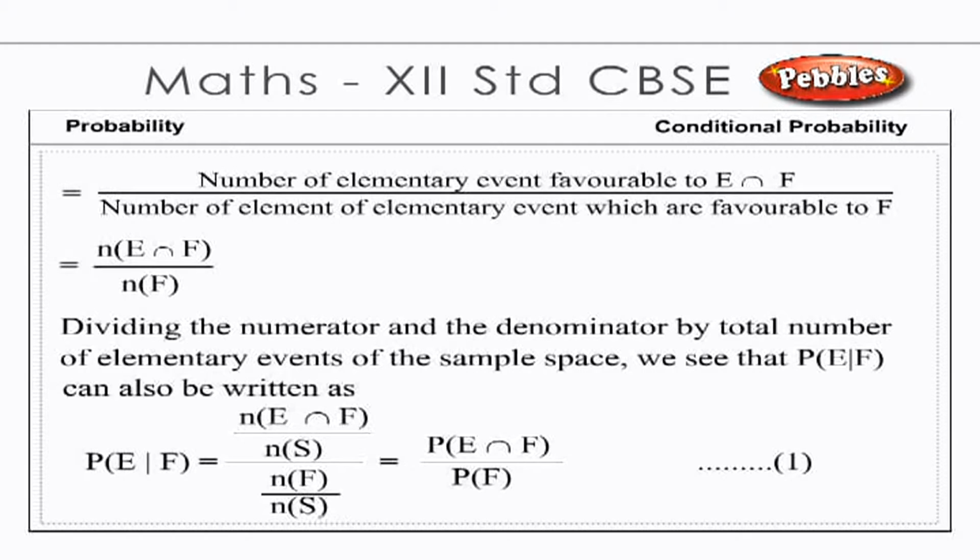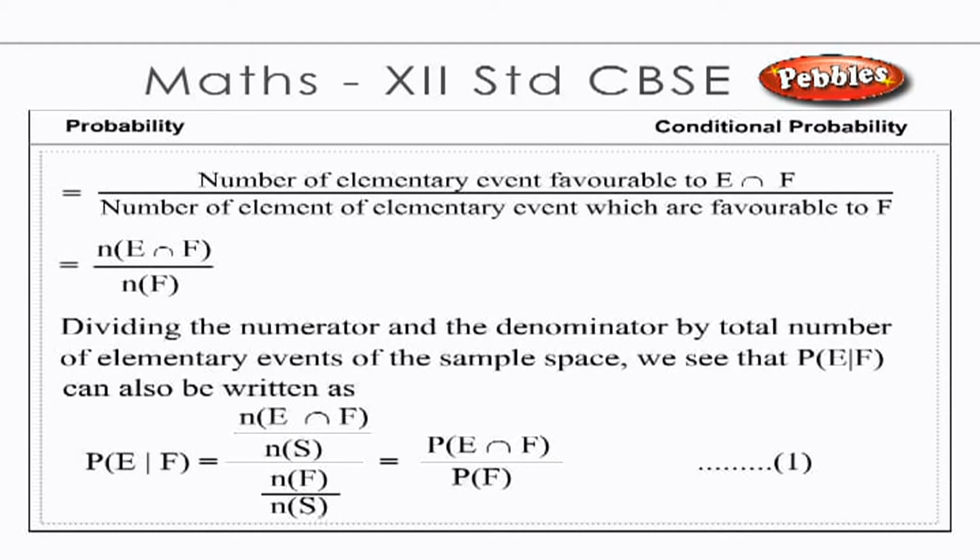Note that the elements of F which favor the event E are the common elements of E and F, that is, the sample points of E intersection F. Thus, we can also write the conditional probability of E given that F has occurred as P of E by F equal to number of elementary events favorable to E intersection F by number of elementary events which are favorable to F, equal to n of E intersection F by n of F.